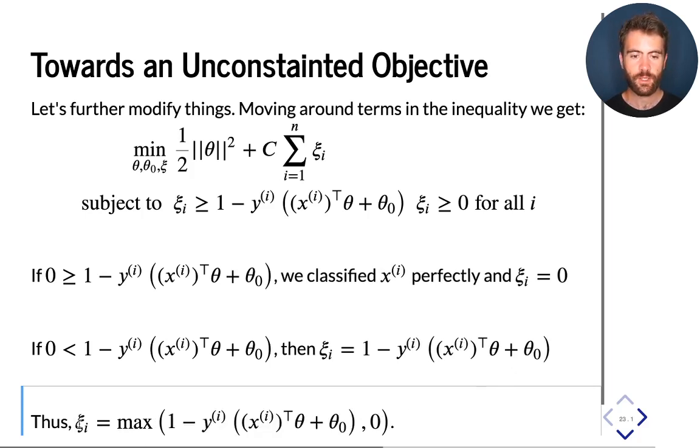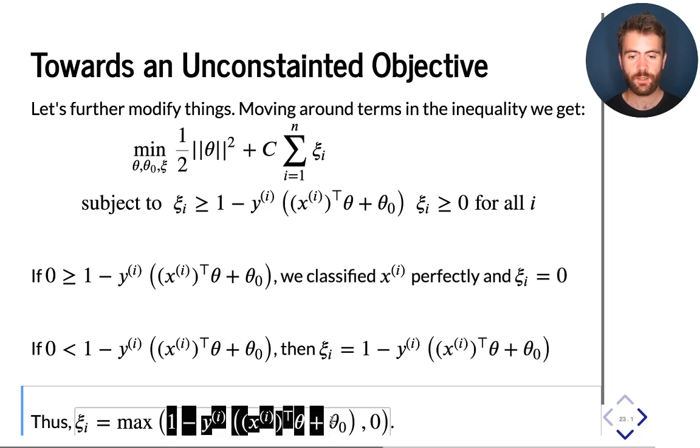This is just saying the same thing that I said earlier. In other words, if this term is less than 0, then the argument I just gave shows that xi will equal 0, and as soon as it becomes greater than 0, this has to hold.